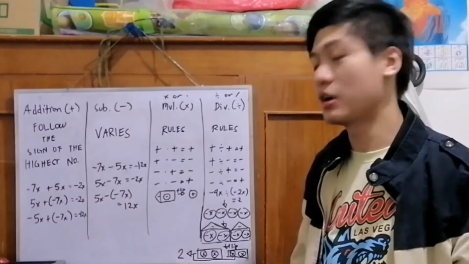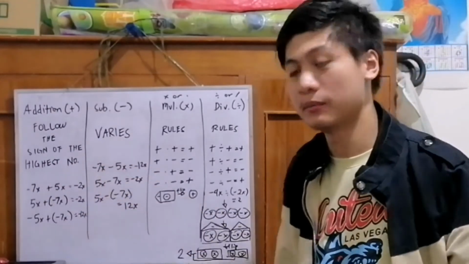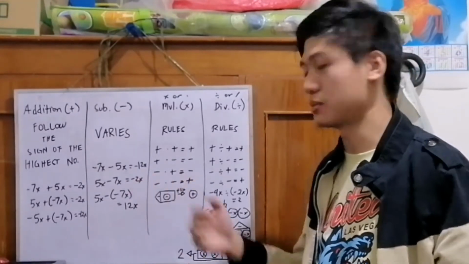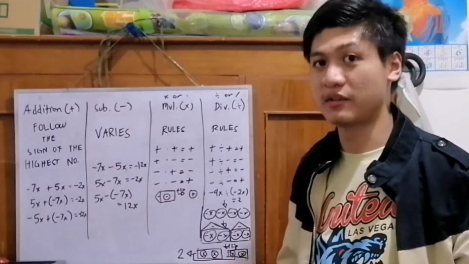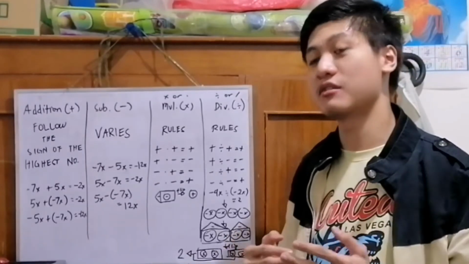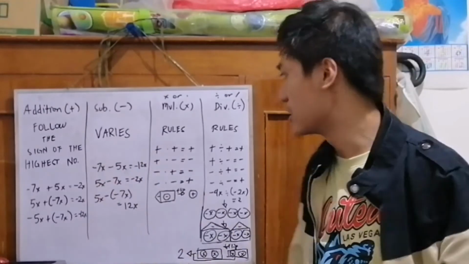Once you find it, follow the sign. If the highest number is positive, then your answer must have no negative sign. But if the highest number is negative, then your answer must have a negative sign.